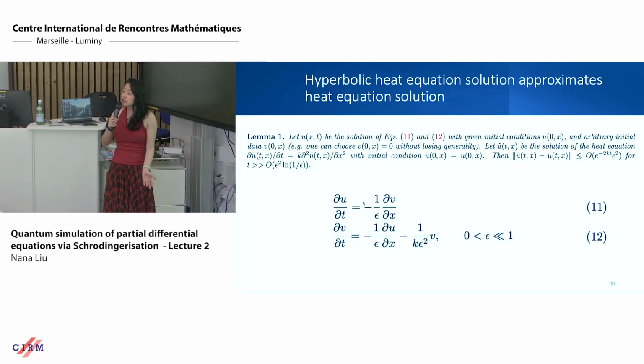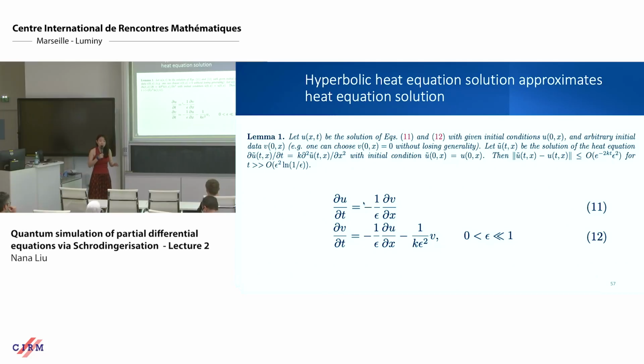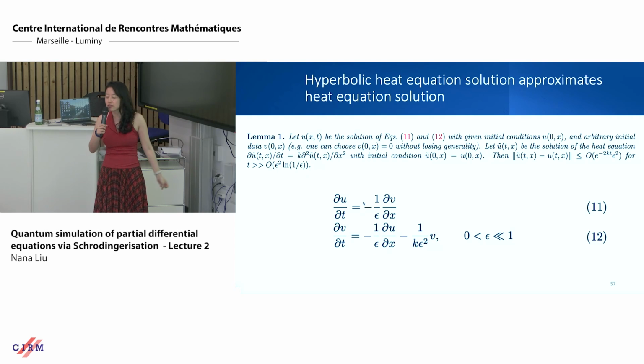So if you choose your epsilon to be large, that's fine, but then you just need the time that you simulate this system to go on for longer. So you can vary that as you like, but the point is that it's really a scale relative to the time of the total simulation.